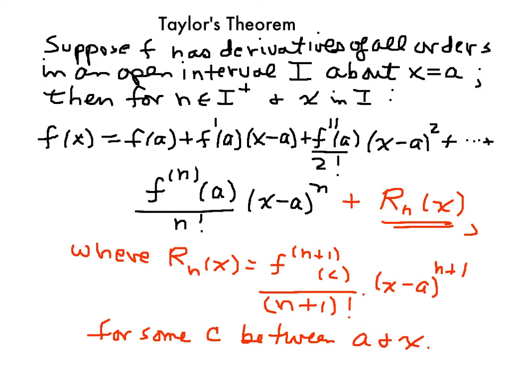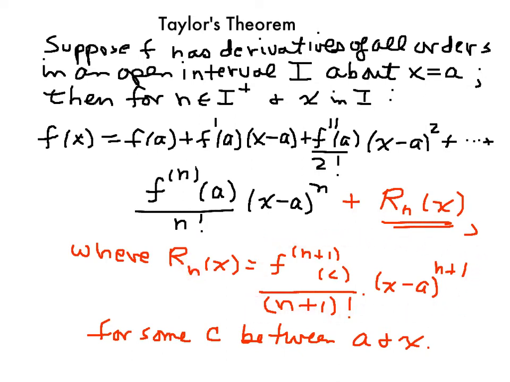Then what it says is for any positive integer n and for any x in this interval, well, here's f of x as a Taylor series. So we stop right here, and this is p sub n of x, and then it's saying, okay, plus something else. And that's kind of the remainder, and that's the everything else, that's the truncated error. And what Taylor's theorem says is that this truncated error of degree n is equal to this expression.